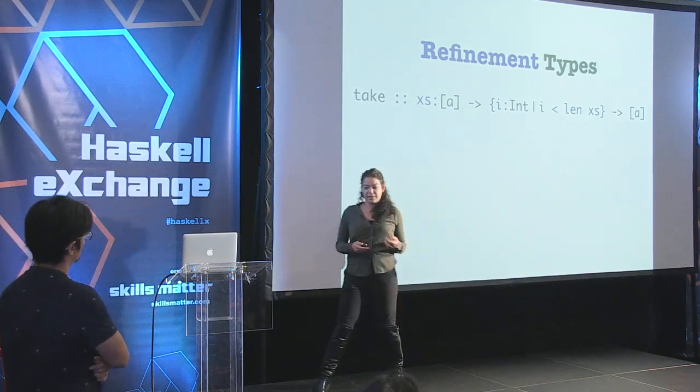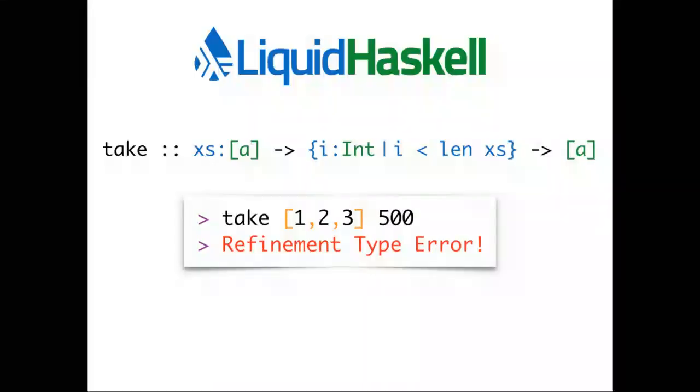Now with this refinement type for take, if I go and take 500 elements from a list that contains 3 elements, and I run this code with this refinement type specification in LiquidHaskell, I'm going to get back a refinement type error.